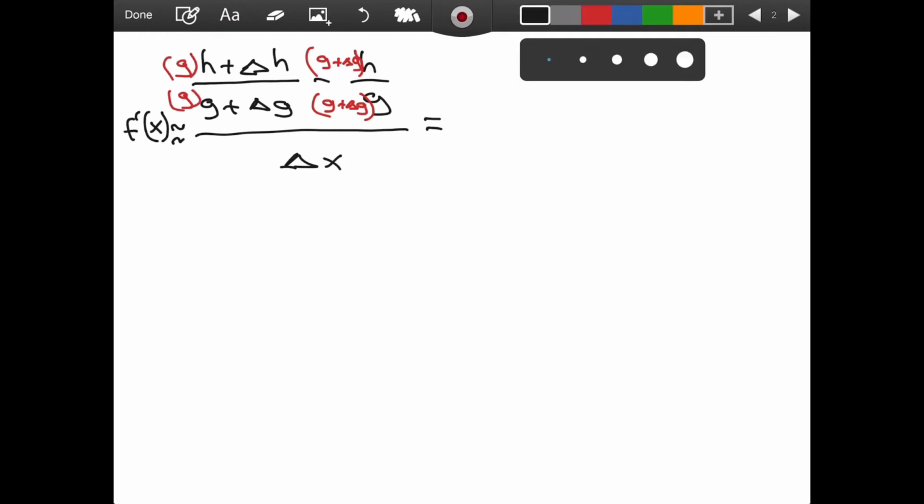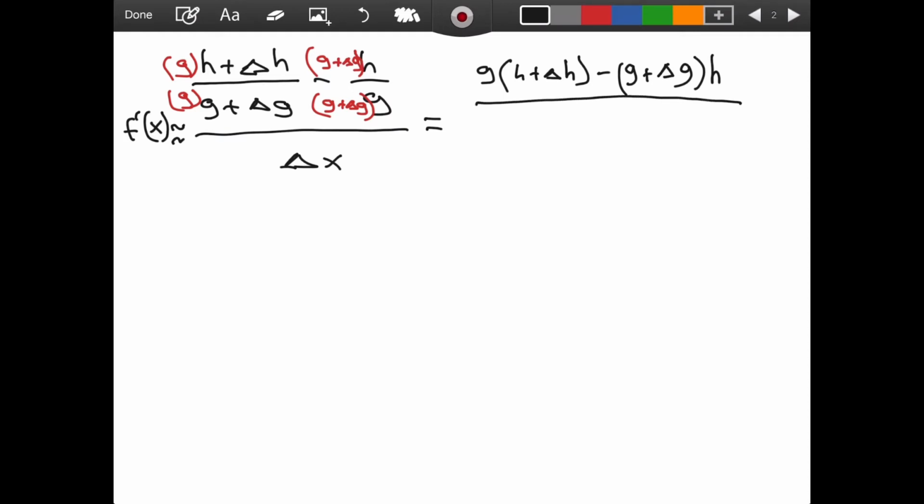So we get g times h plus delta h, and we have a minus, right? Watch out for the minus here. Minus g plus delta g multiplied by h, divided by our common denominator, which is g times g plus delta g.